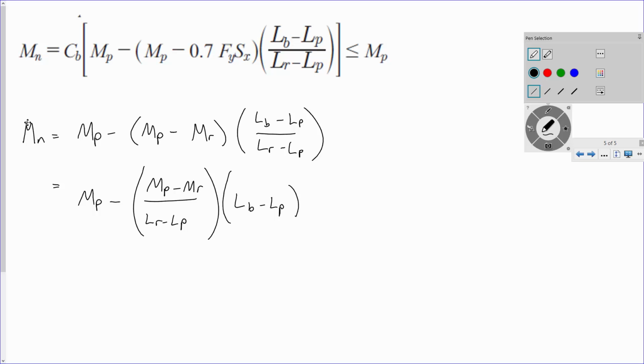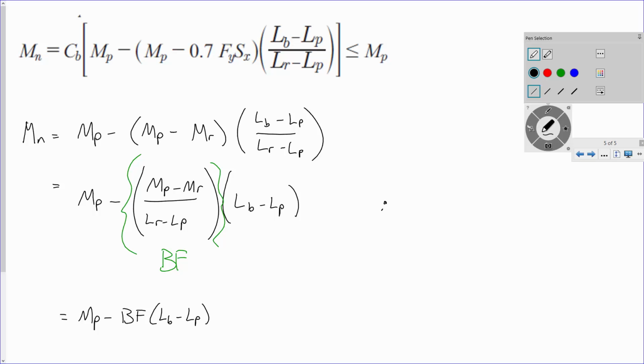That's just taking that denominator and moving it over to the other side. This stuff right here is called the beam factor. That's just the slope of that line, right? Change in y over change in x. That's all that is. So I can say that my relationship is MP minus BF times LB minus LP.